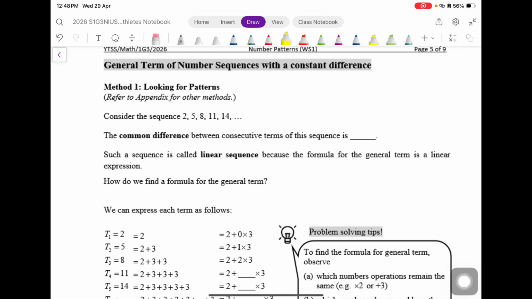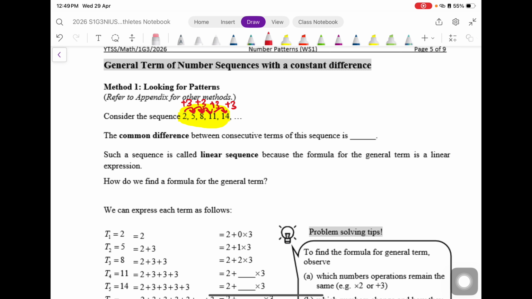Now let's look at this sequence here. A sequence consists of numbers with a rule that defines this sequence. The rule here, as you can see, is from 2 to 5, plus 3, plus 3, plus 3, plus 3.